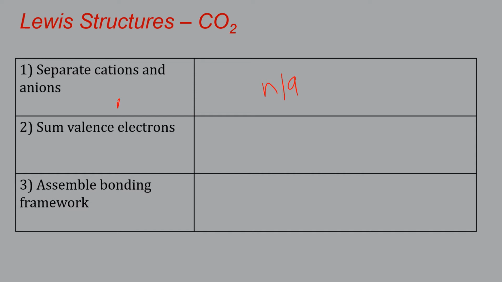Now, the next thing is to add up all the valence electrons, and this is actually kind of important. So we know that there are 4 coming in from the carbon, and the oxygens are contributing 6 apiece.